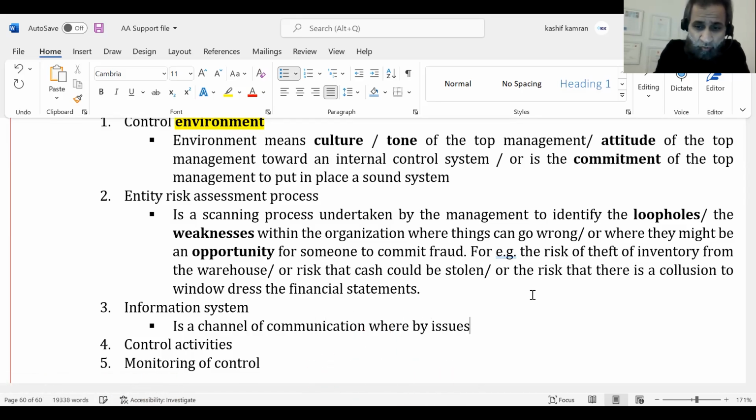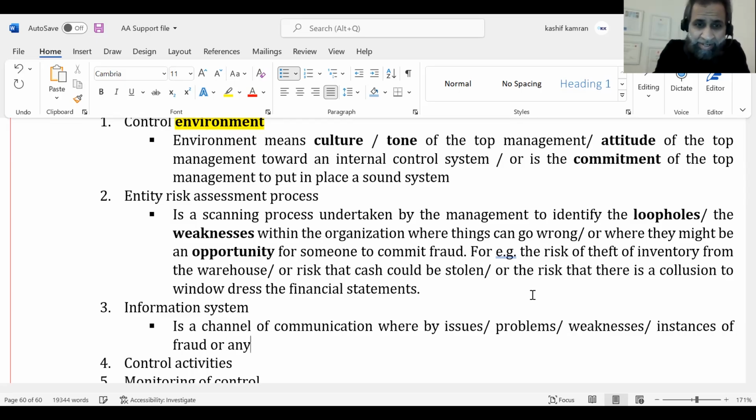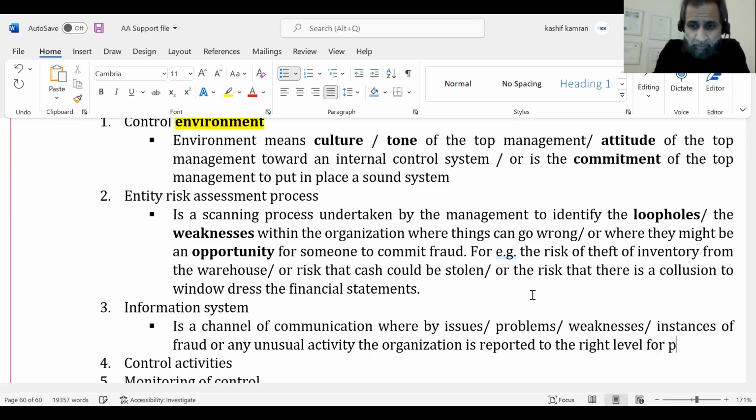whereby issues, problems, weaknesses, instances of fraud, or any unusual activity within the organization is reported to the right level for prompt action.